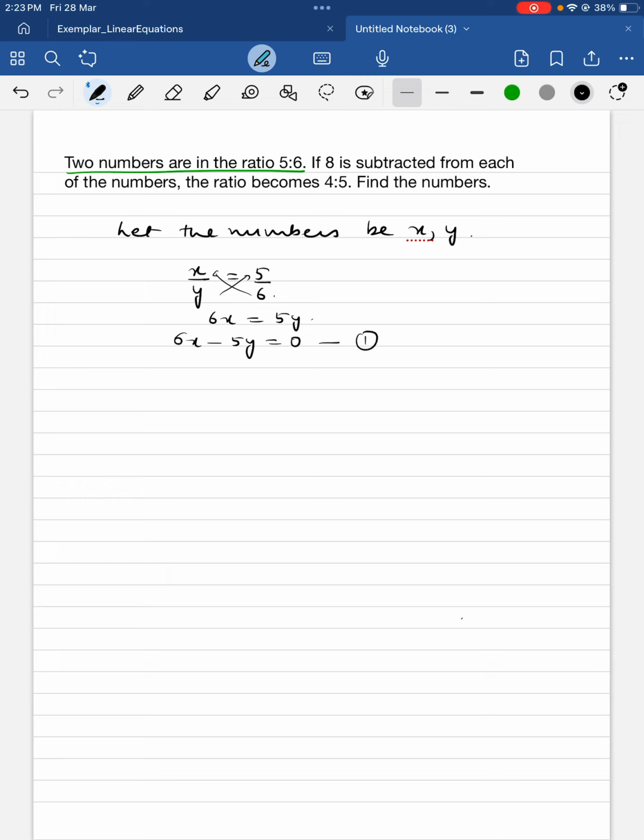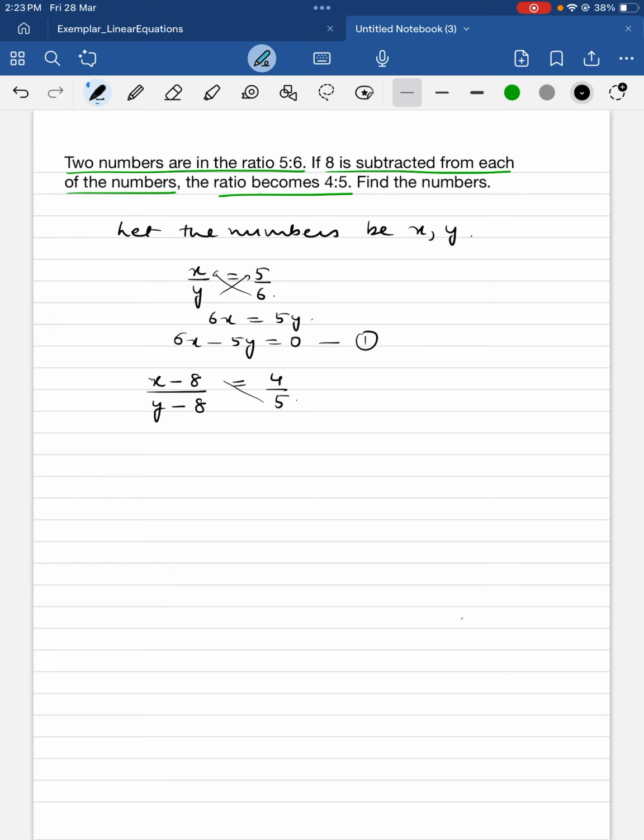Now let's form the second linear equation. Here they've mentioned that if 8 is subtracted from each of the numbers, then the ratio becomes 4:5. So let's subtract 8 from the first number and also from the second number, and the ratio of x minus 8 by y minus 8 now becomes 4 by 5.